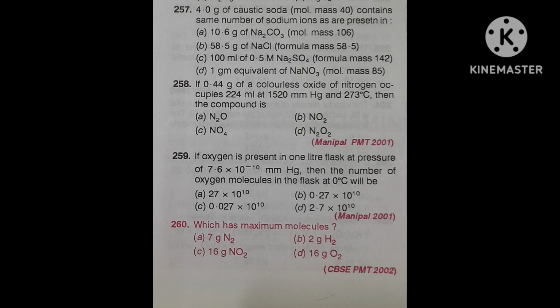Again, one more time I am reading the question. Which has maximum molecules? First, 7 gram N2. Second, 2 gram H2. Third, 16 gram NO2. And fourth, 16 gram O2, oxygen gas.